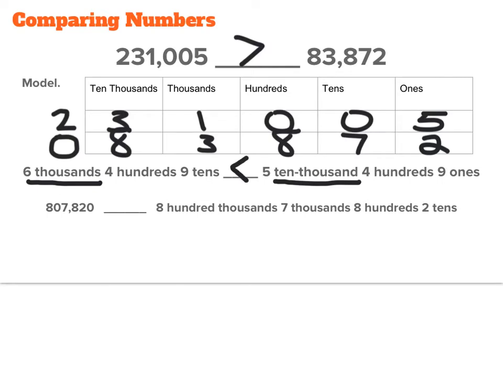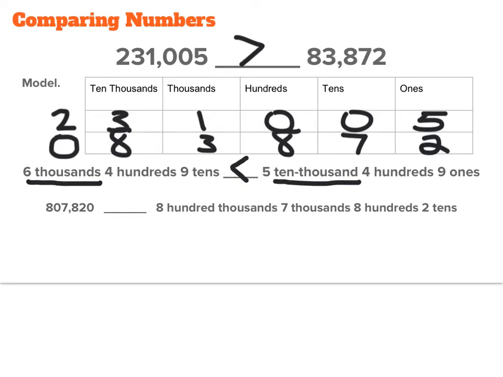And finally, my last problem has one number in standard form and the other number is in unit form. 807,820 compared to 800,000s, 7,000s, 800s, 2 tens. So I'm going to go one unit at a time.